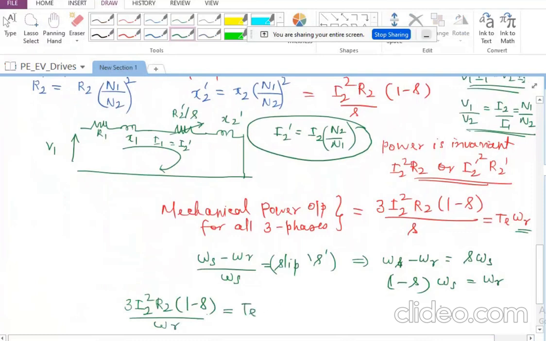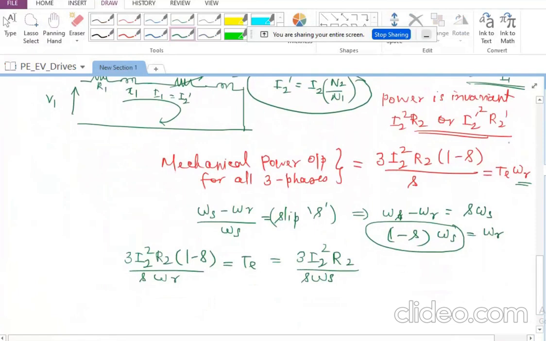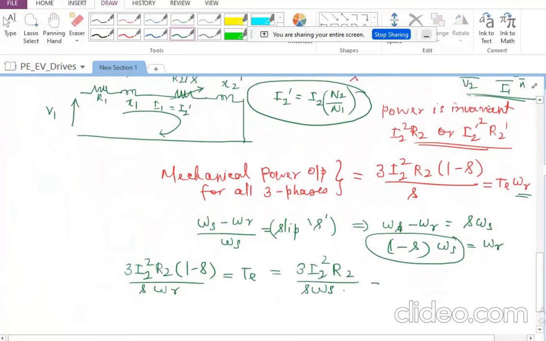And for omega R, I can substitute 1 minus S times omega S. So once I do that, I can write this as 3I2 square R2 divided by omega S. Oh, I have left out S. So this S also has to be there. S times omega S. That is going to be our electromagnetic torque expression. And I can write this as 3I2 dash square R2 dash divided by S omega S.